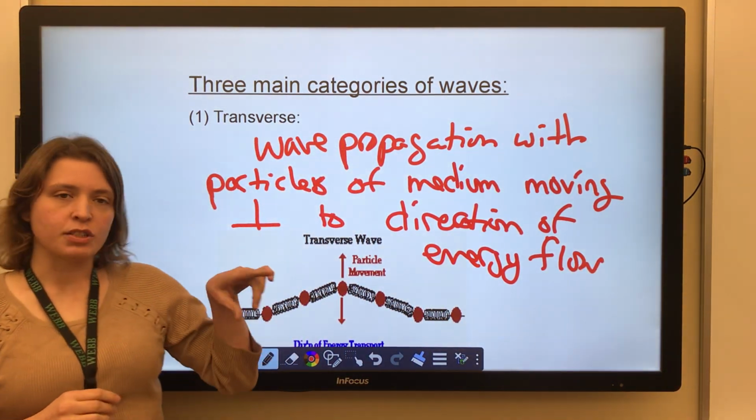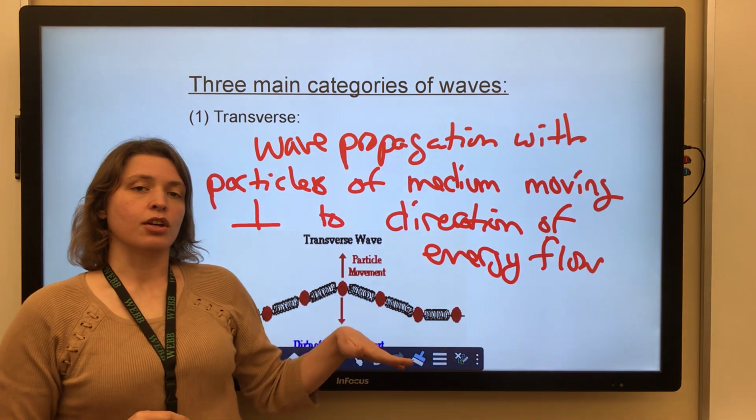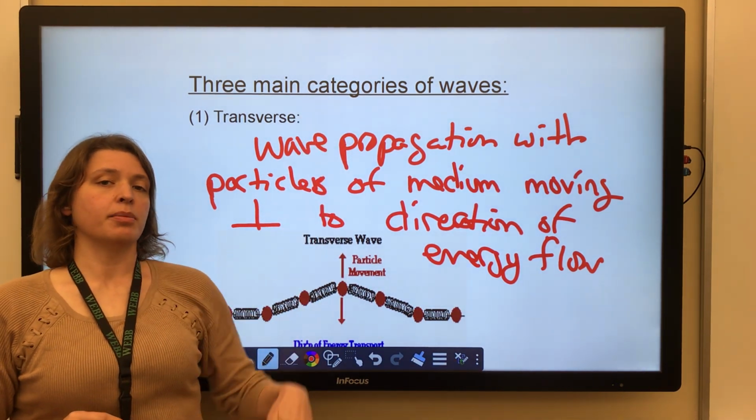So if your wave is propagating in that direction, then your particles might oscillate up and down.